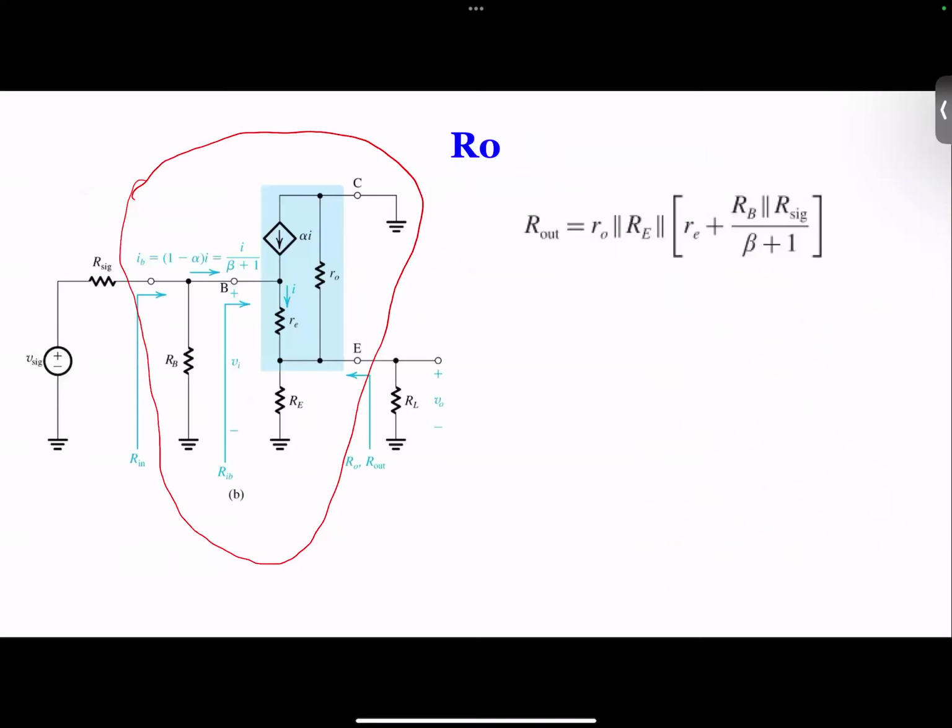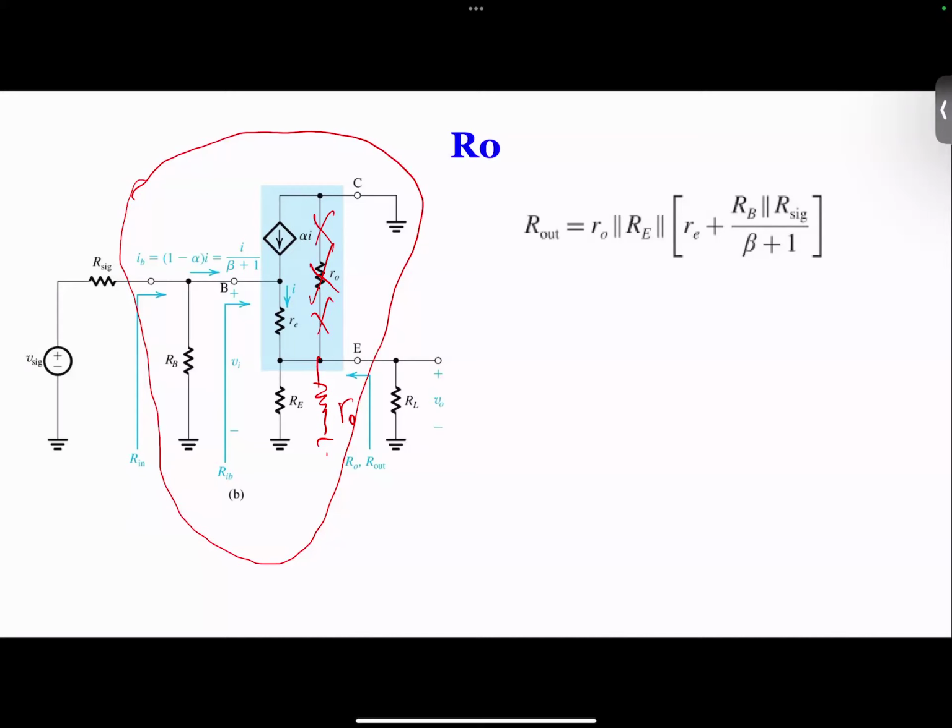And for RO, it's very similar. Basically, again, you short this one, and these two become parallel. Once these two are in parallel, you move this RO again to ground. This is important because this thing here really bothers me and bothers you too. So you move RO to the bottom.